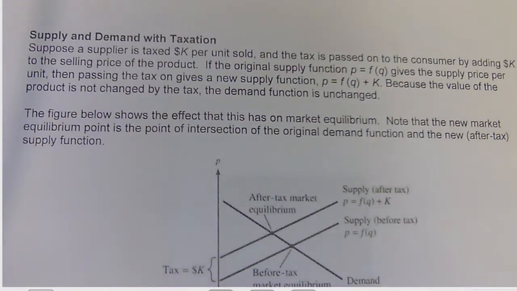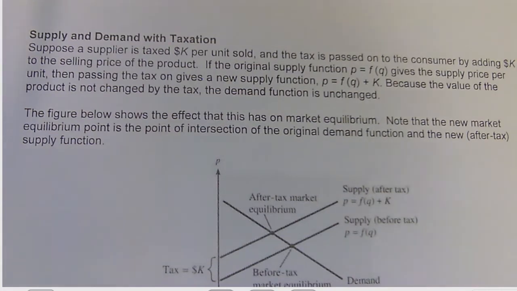Taxation throws a little kink in the formula when we're talking about supply and demand. Suppose a supplier is being taxed so much per unit sold, and they want to pass that on to the consumer in the selling price, so that they're not having more cost.